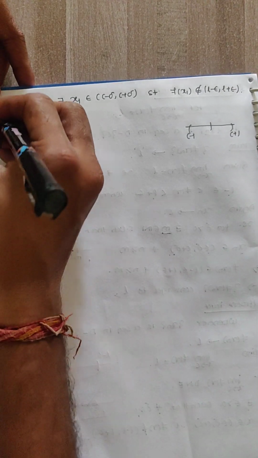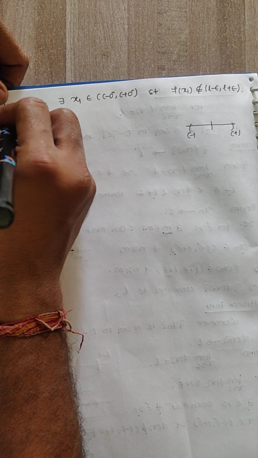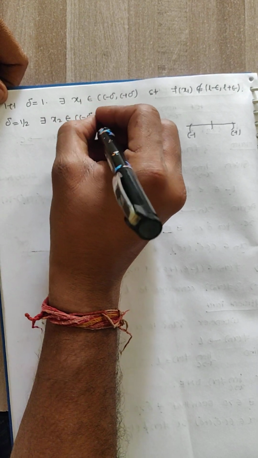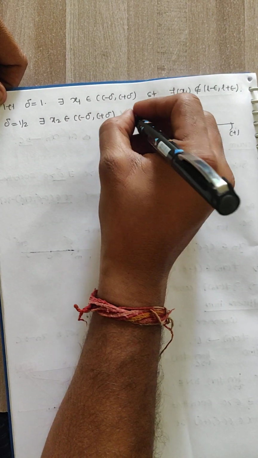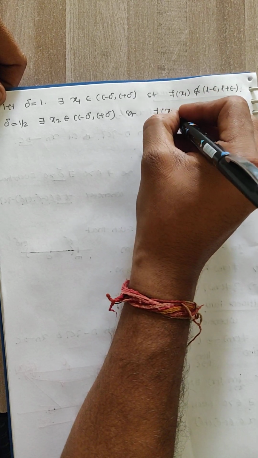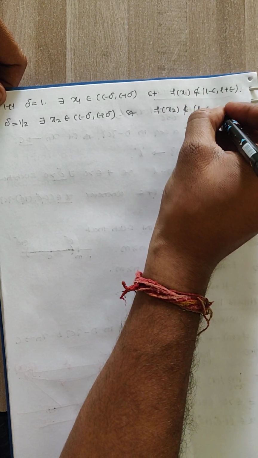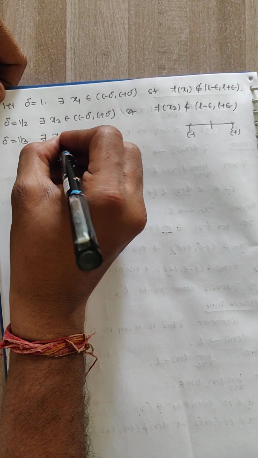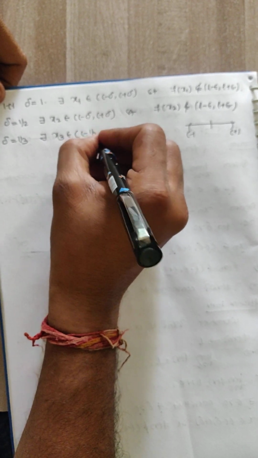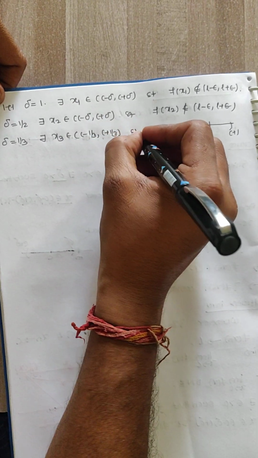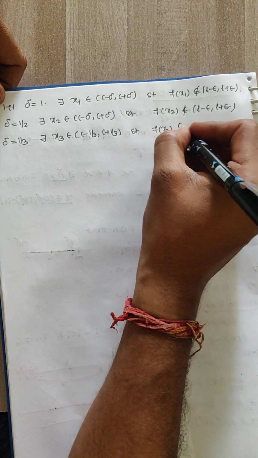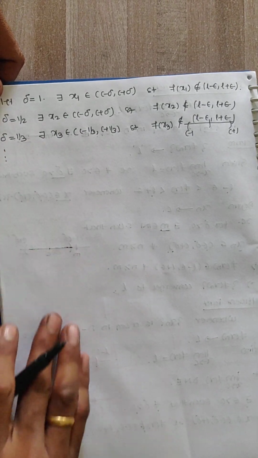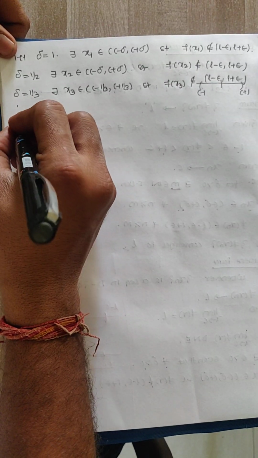Again, for delta equal to 1 by 2, there exists a point x2 belonging to C minus delta to C plus delta such that f of x2 does not belong to L minus epsilon to L plus epsilon. Similarly for delta equal to 1 by 3, there exists x3 belonging to C minus 1 by 3 to C plus 1 by 3 such that f of x3 does not belong to L minus epsilon to L plus epsilon. In this way we have a sequence.